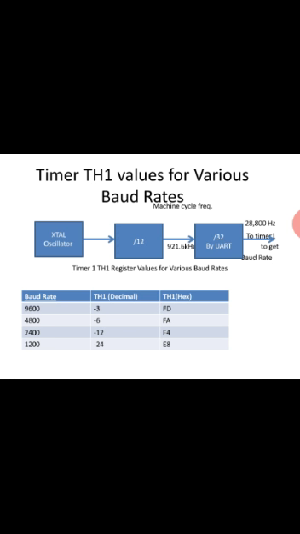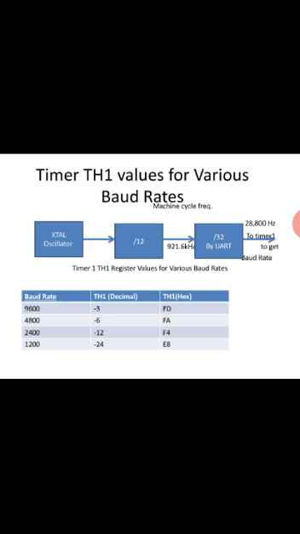Next we shall discuss how to configure what value you have to put into the timers for getting the required baud rate. As I said earlier, we always use timer 1 for auto reload, so you have to load TH1. What value you load depends on the baud rate that you are choosing.